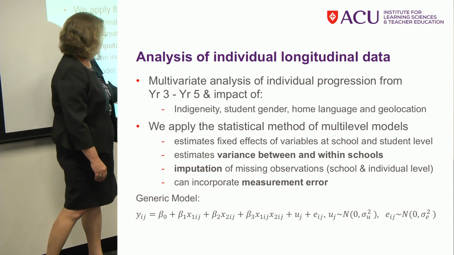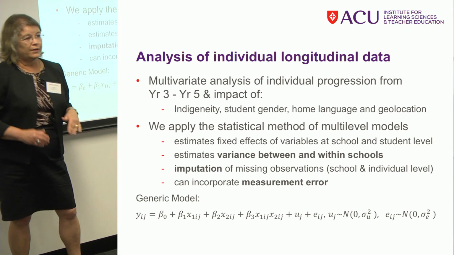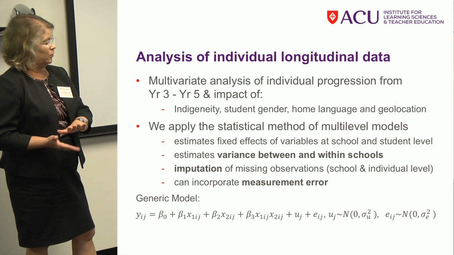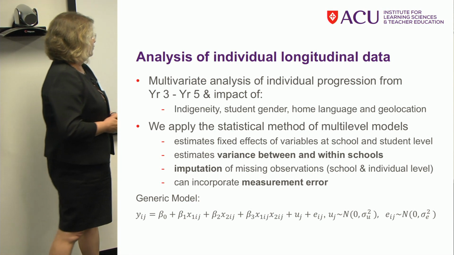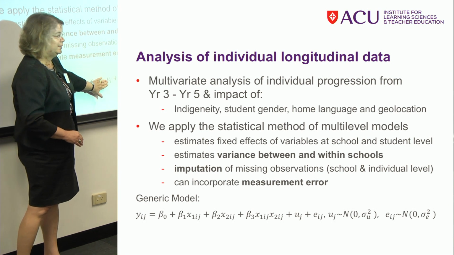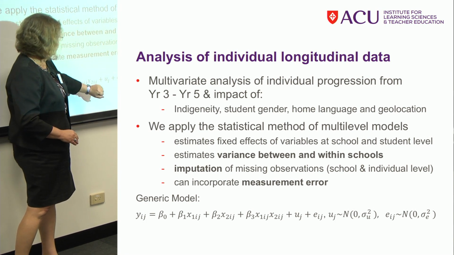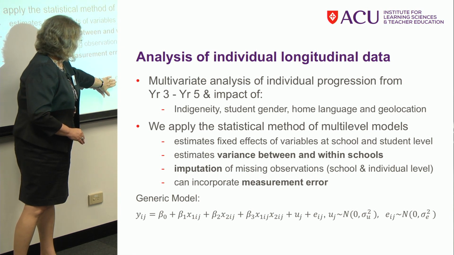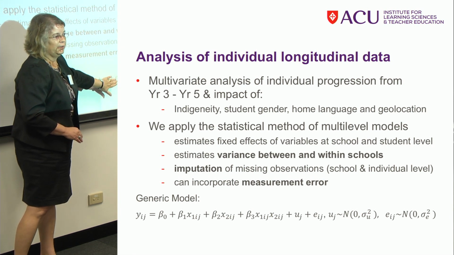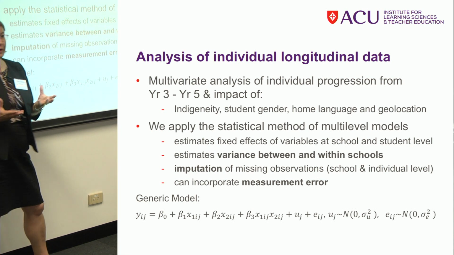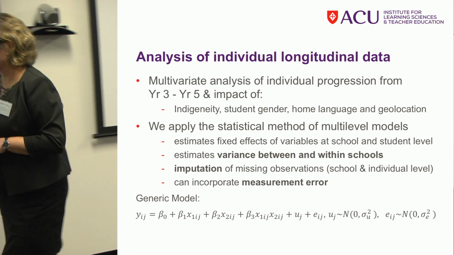And we're also controlling for the Year 3 score, so that allows us to estimate growth in addition to where they were at Year 3, and we have an effect for the school. So this is an effect due to the school that they go to, and then we have sources of variation associated with the child that we can't measure through the factors that we have in the model or in the data.